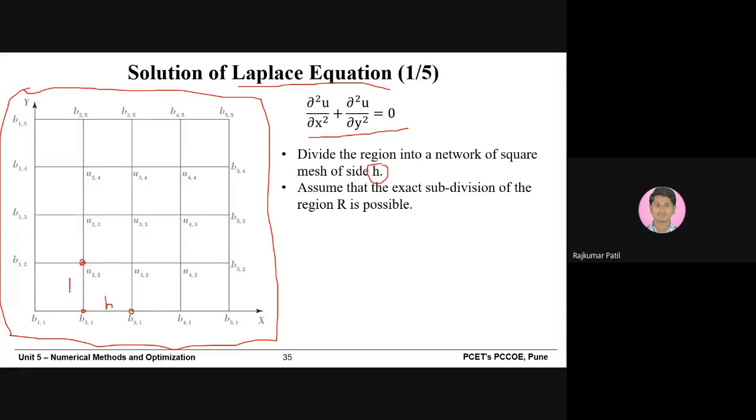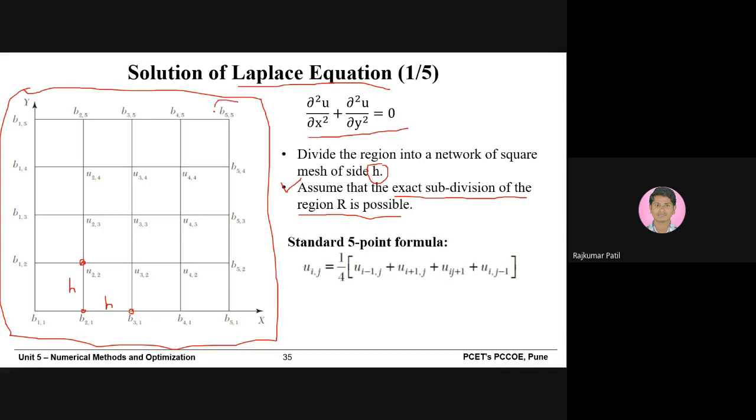The distance h is maintained. While preparing such a plane, we assume that the region R can be exactly subdivided into square blocks. If this assumption is true, then we solve such problems.